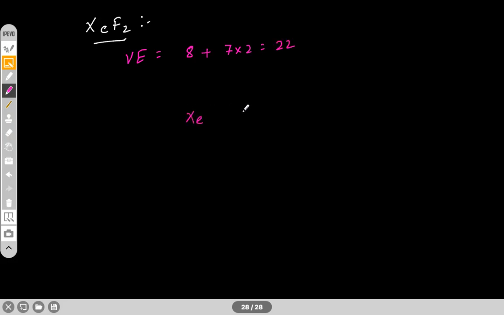Obviously, xenon is the central atom, the least electronegative one. Fluorine will be placed this side. Then one pair in between the atoms. We are left with 18 electrons. So 1, 2, 3, 4, 5, 6, octet is complete. 1, 2, 3, 4, 5, 6, octet is complete. How many electrons are we left with? 6 plus 6, 12, 12 plus 4, 16. We are left with 6 more electrons. So we have 3 lone pairs on xenon. This is the structure.